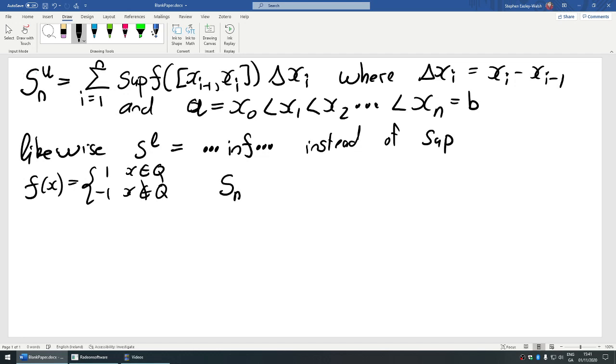So S_n upper, that'd be the sum, again from 1 to n, of the sup of f on the set here. If you apply f to any closed interval on the real line, it'll contain infinitely many rationals and irrationals.